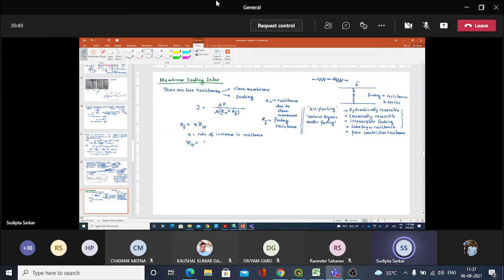So this is called specific throughput. Okay, so this is nothing but the loading rate on the membrane. So this is the volume of water passed, filtered, per unit membrane.